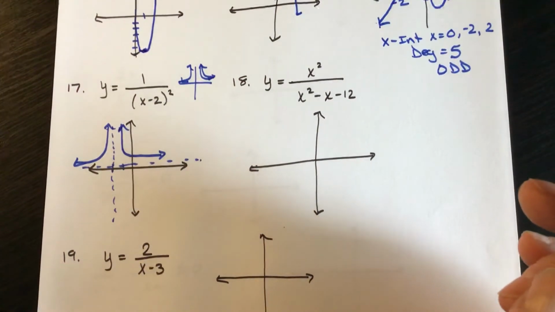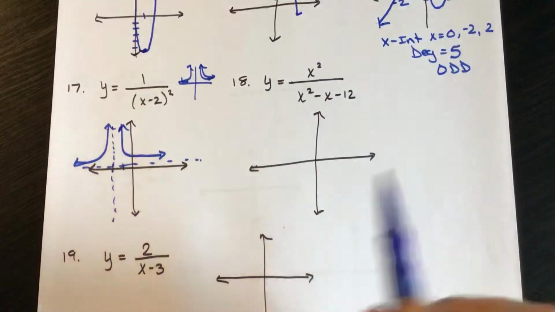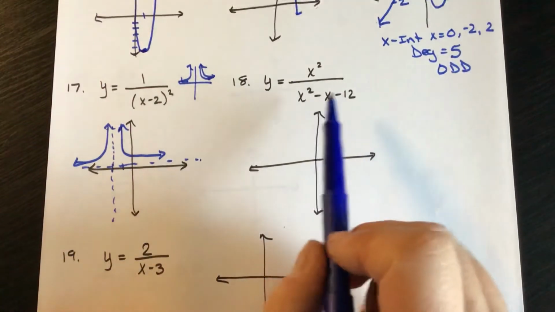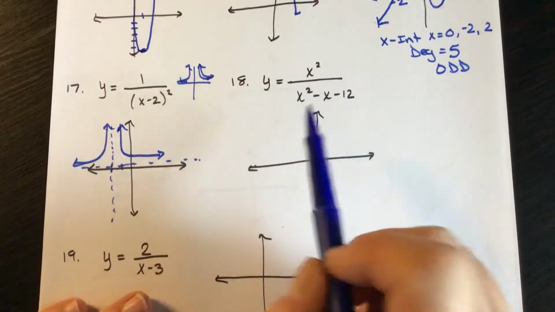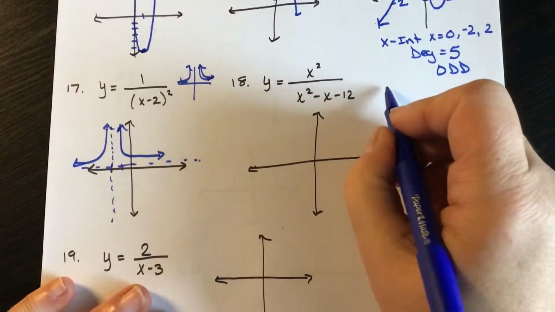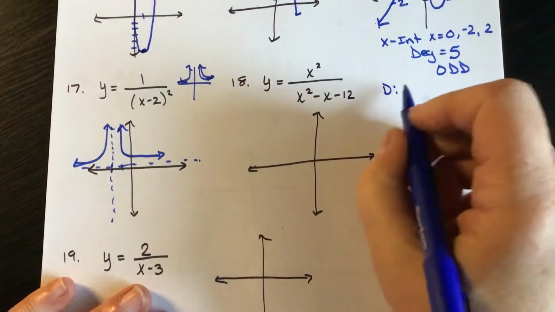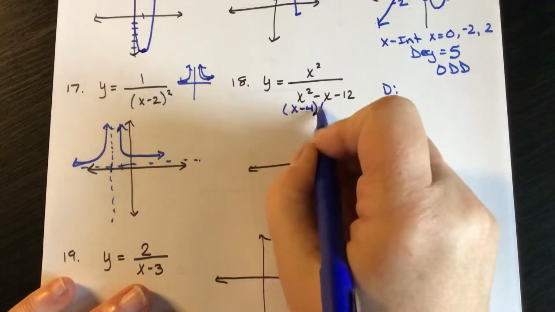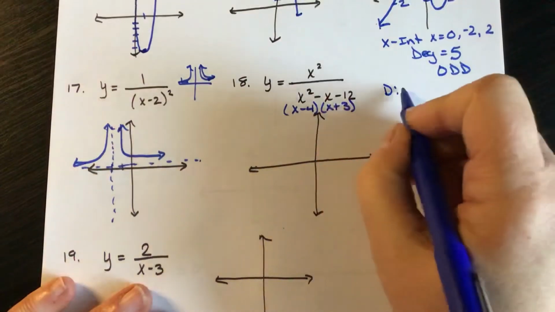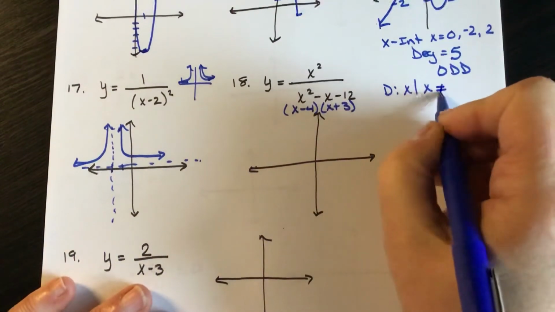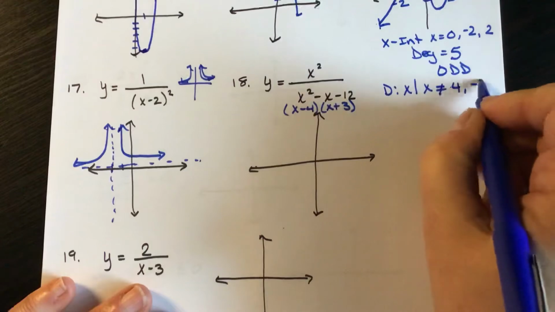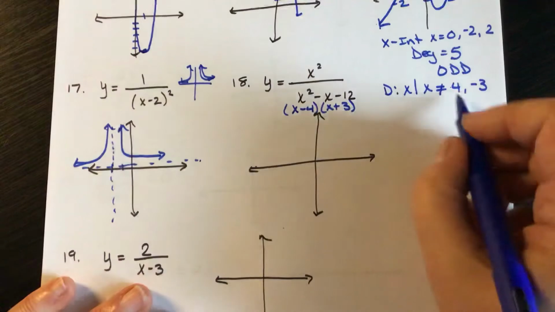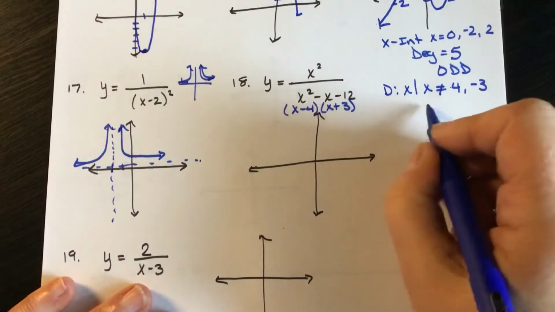Number 18. This is a rational function. This is what we were working on a lot in chapter 4. And here, first thing I need to do is identify my domain. So my domain is all x, and I'm going to factor this, x minus 4 and x plus 3. So x cannot equal 4 or negative 3. And if it does, I don't have any matching factors on the top, so these are my vertical asymptotes.